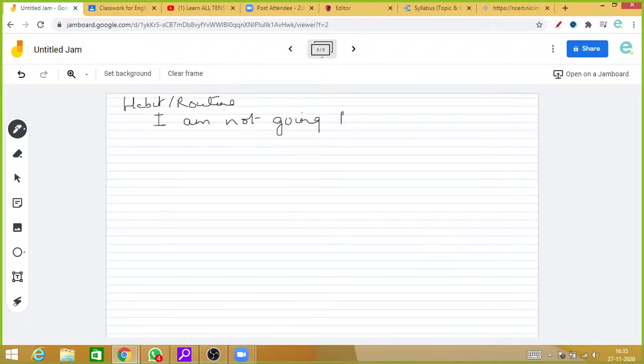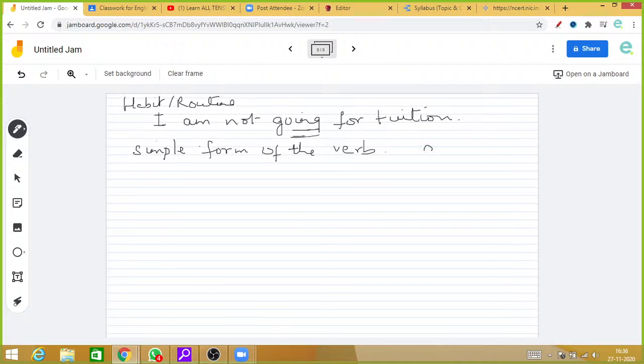Going for tuition. Now, the verb here is going, right? So, the simple form of that verb will be what? Simple form of the verb. What will it be? This is a variation. Going, right?